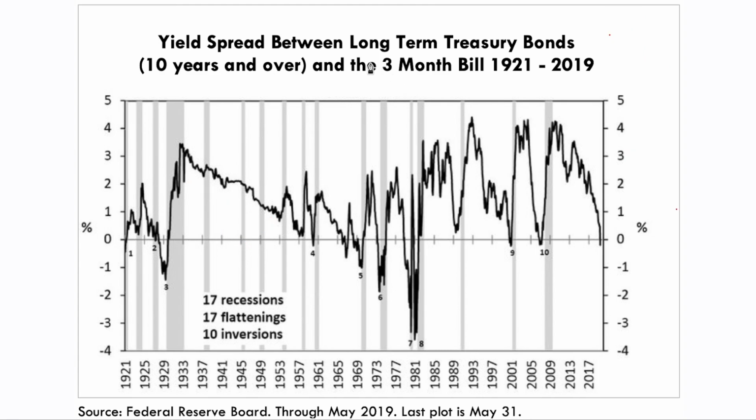And that's because the Fed controls the short end of the curve, right? They can hold the 3-month rate at zero a lot better than they can hold the 2-year yield at zero. And so when they're doing that, when they're doing debt monetization, the short end of the curve, particularly the 3-month yield, becomes a poor predictor of recession.